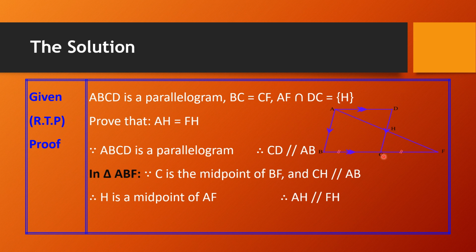In the triangle ABF, the biggest triangle, since C is a midpoint of BF and CH parallel to AB, then H is a midpoint of AF, then AH equal FH.